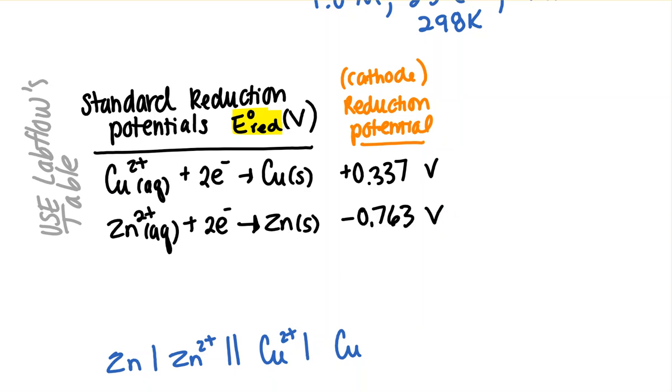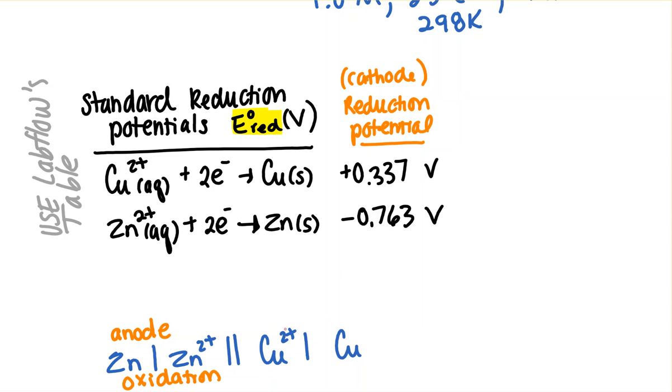So let's go back and look at our, well, this is actually a different one, isn't it? On this line notation, on the left, of course, this is the anode, and that's oxidation. Okay, so it appears that reaction is not here, but there is a way.